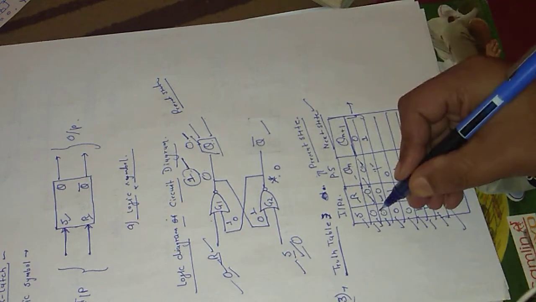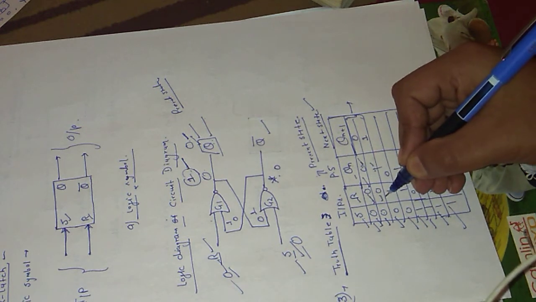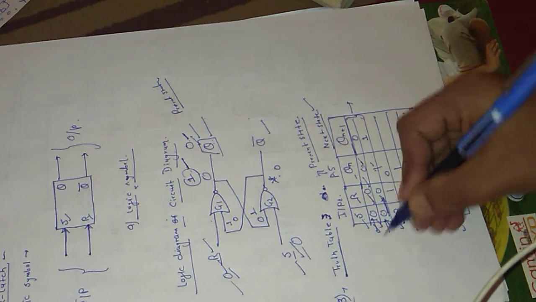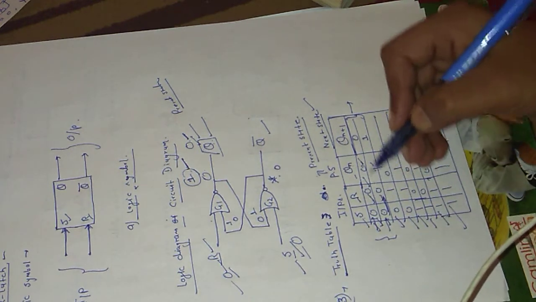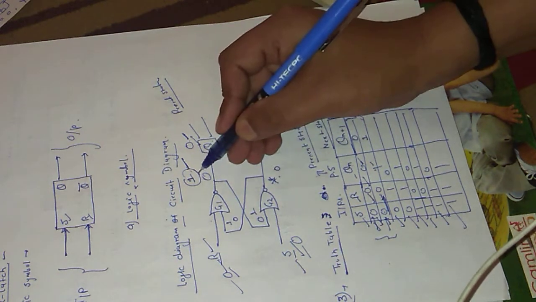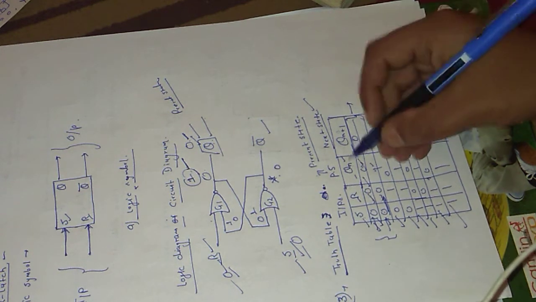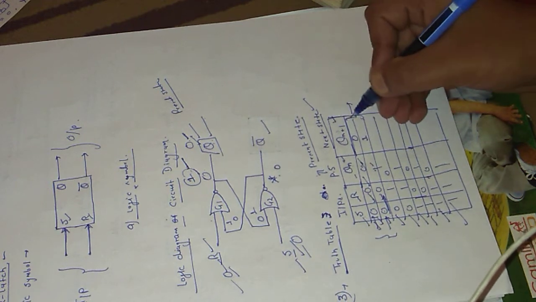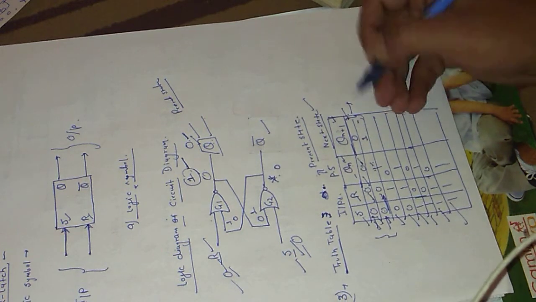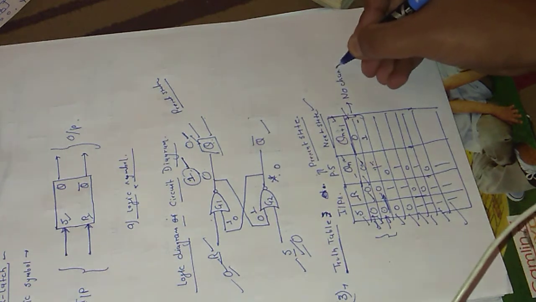In both cases, whenever S and R both have the same value 0, the next state is always the same as the present state. If the present state is 0, the next state is 0; if the present state is 1, the next state is also 1. So there is no change in the state.